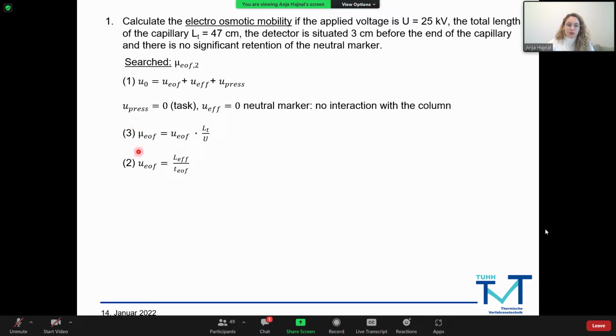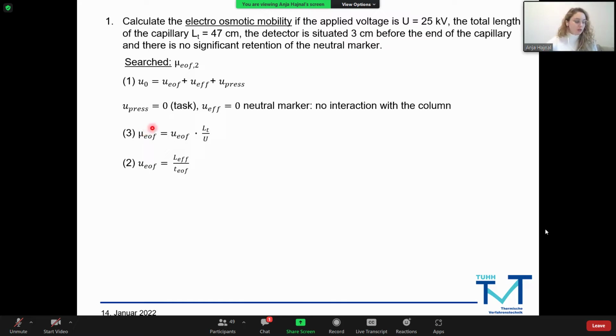Also, if you have a look into equation number 3, you can see we can connect the electroosmotic mobility, which is, I believe, here given as a value, or no, we calculated, just a second.